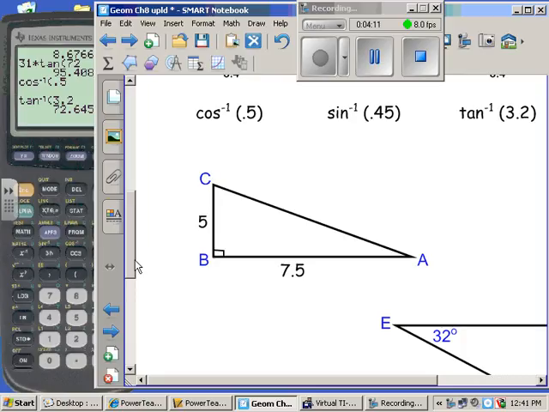Let's say we're going to find angle C. The two sides we're given are what? Opposite and adjacent. Which trig function is opposite and adjacent? Tangent. And since I'm finding an angle, I'm going to use inverse.